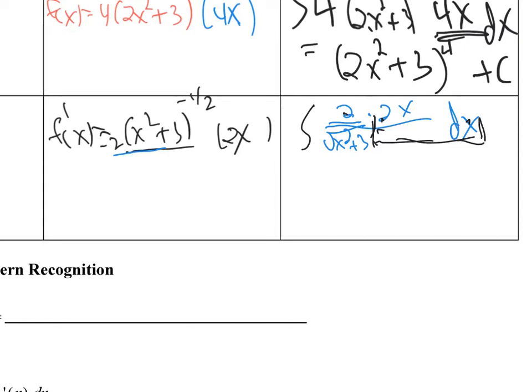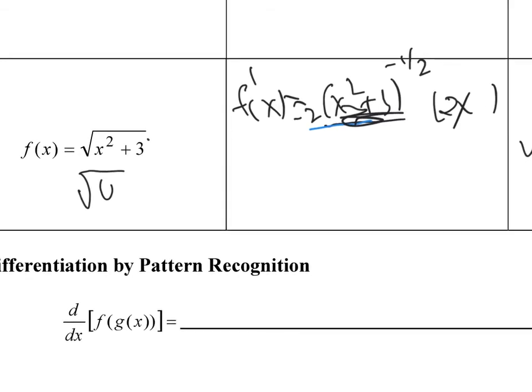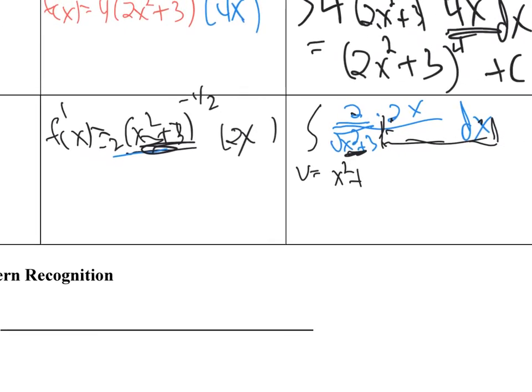So if my u is in here somewhere, right here, my u, if u is x squared plus 3, that was a 3 here, a terrible 3, then I have to look for a du, which is a 2x dx.